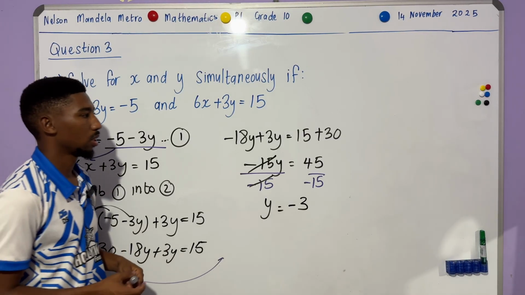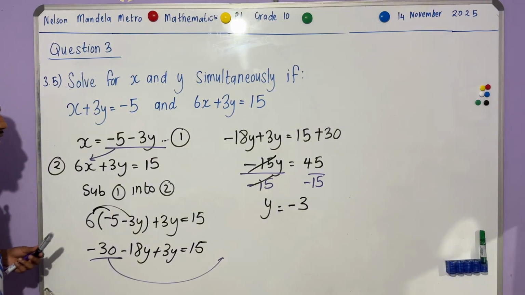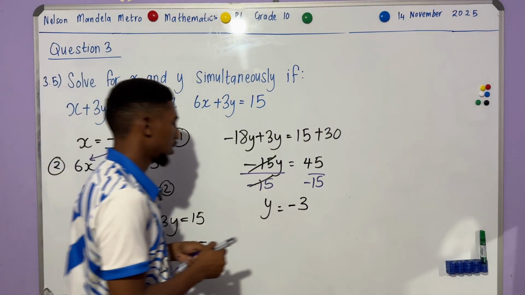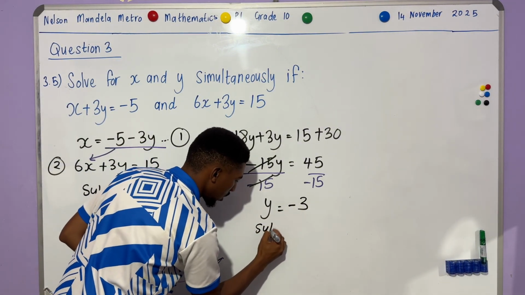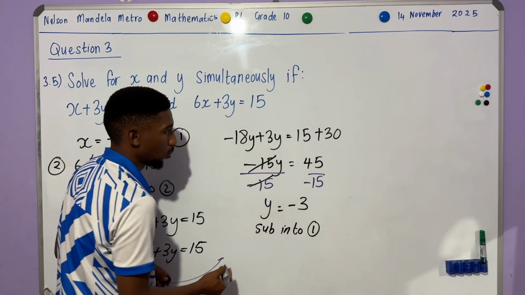I'm not done. I need to find x. Oh, sorry, I need to find y, and I need to find x. So I'm going to substitute this into my first equation to find y.